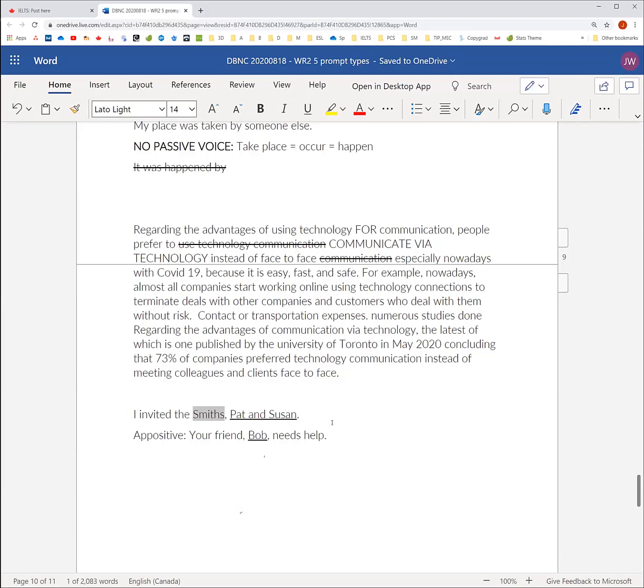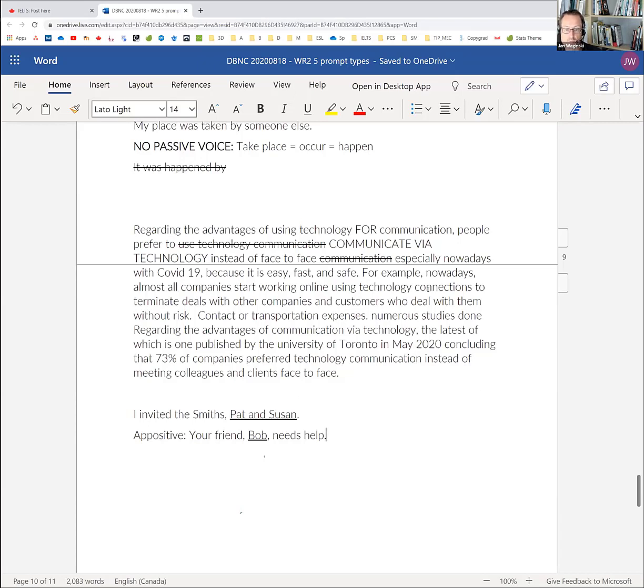Does that make sense? If there is a comma, then it means that Pat and Susan are Smith. If there is no comma, then what does it mean? Well, it's ambiguous. That's the problem. We don't know what it means.